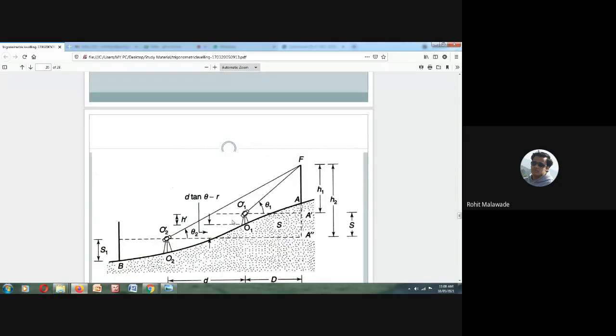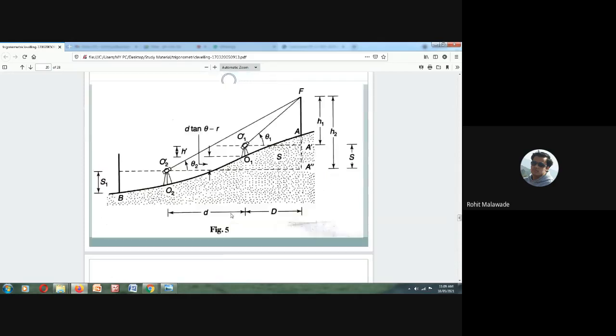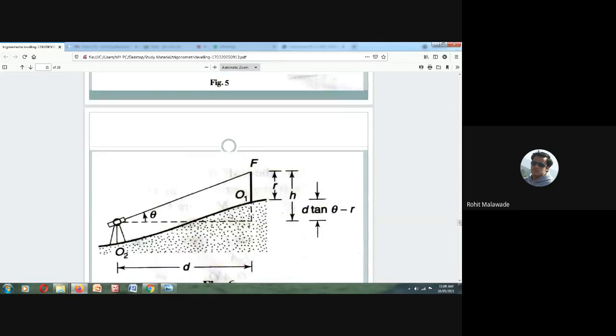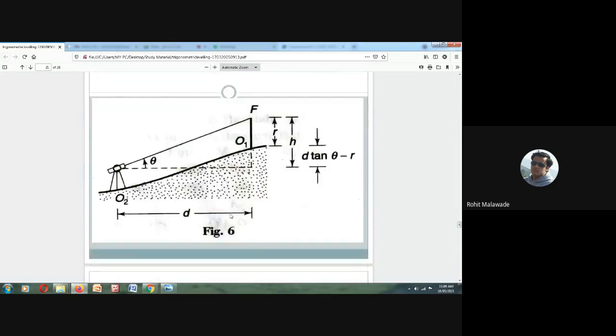See here, this instrument station is at one height, and this is at another height. So this staff reading we cannot take over here. At that condition, what is the procedure that has to be followed, that we will be seeing.